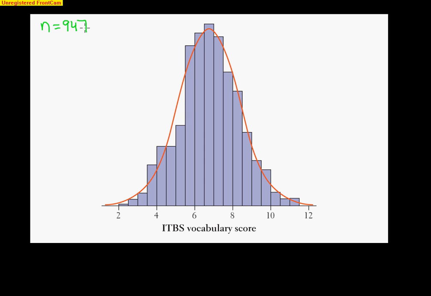Now, we see here the purple or light blue histogram, and that histogram represents the actual data. That histogram is real; it actually came from the data. I know there's no y-axis here, but we can see that clearly a lot of students scored somewhere in the 7 range. Very few students scored down here around 2 or 3, and very few students did really, really well.